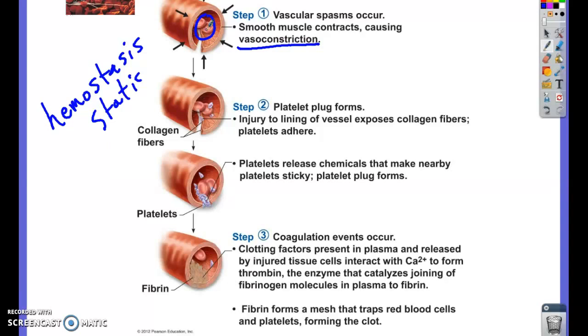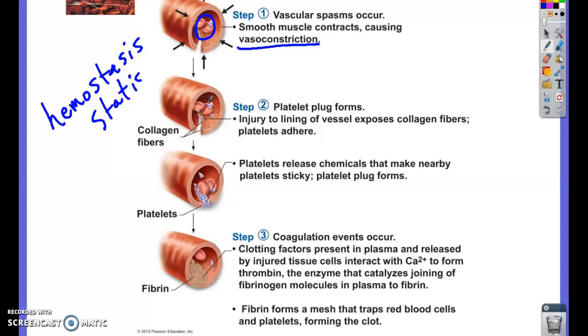All right, the second part is what we'll call the platelet plug. Those platelets we talked about, the little fragments of the megakaryocytes, start clinging to the lining of the vessel, helping to clot it up and clog it up, and they stick to that.